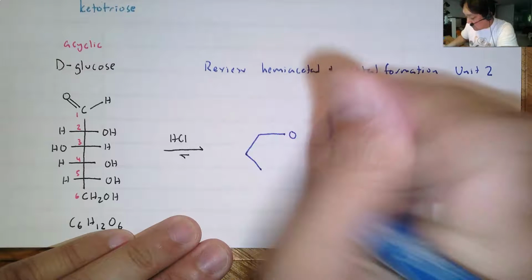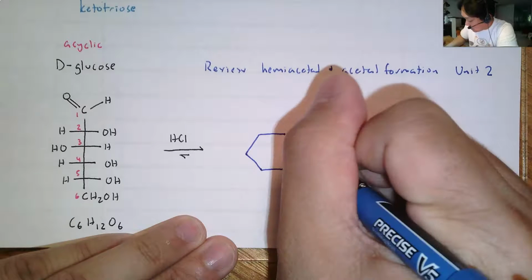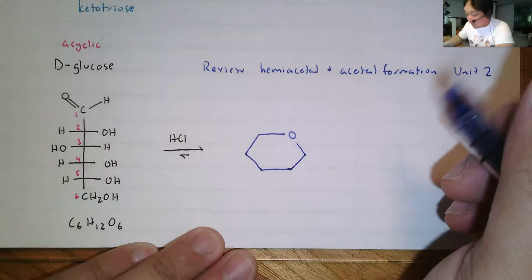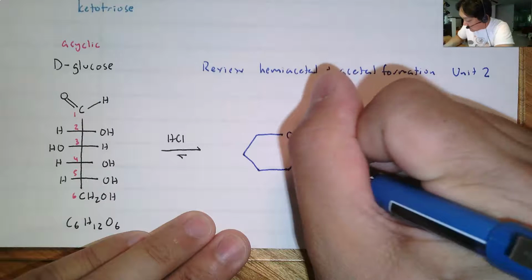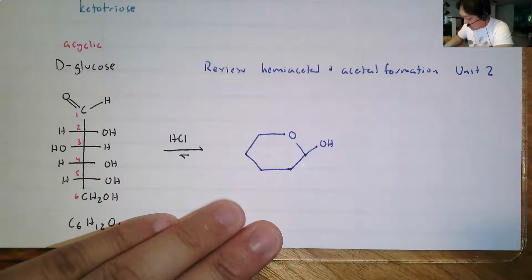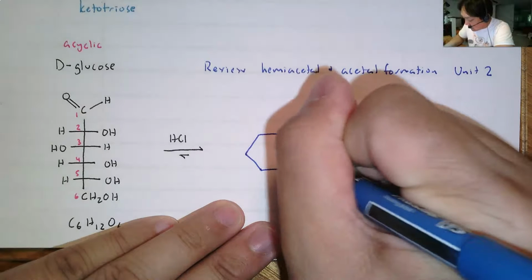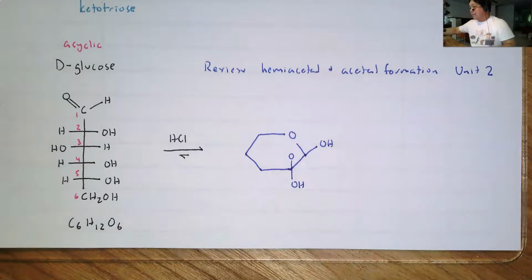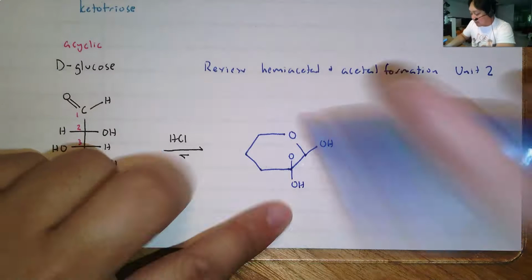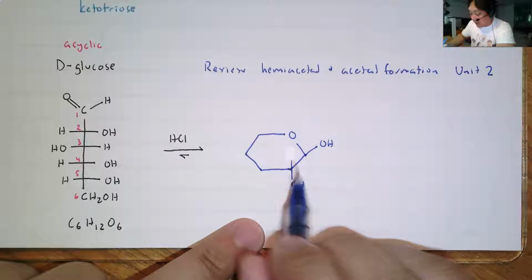Because in real life, when you digest glucose, it will cyclize. And it will cyclize into a molecule that looks like this. This is just one stereoisomer. I'm not drawing the other one, but don't worry about that. And also don't worry, whoops, man, messed that up. Also don't worry about why I'm drawing it like this, where we have two lines, one up and one down.